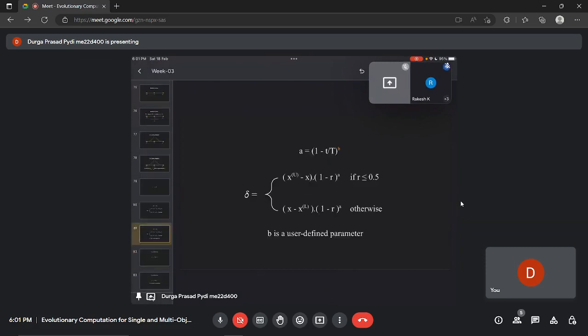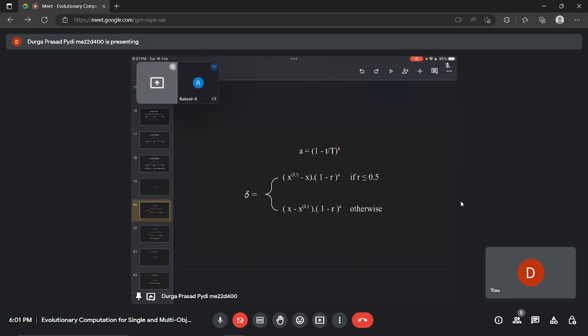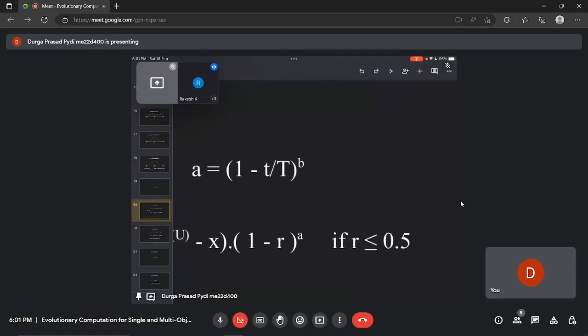What will be the range of B? This particular B you're referring to, right? Here, 1 minus T upon T is equal to B. Yes. B is a user-defined value. No range.